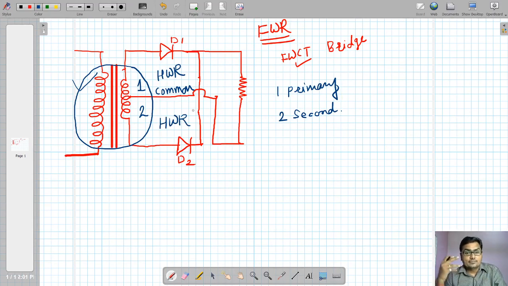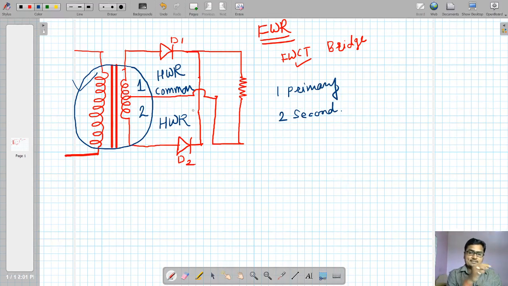It means the full wave center tap rectifier includes two half wave rectifiers. And how is this possible?